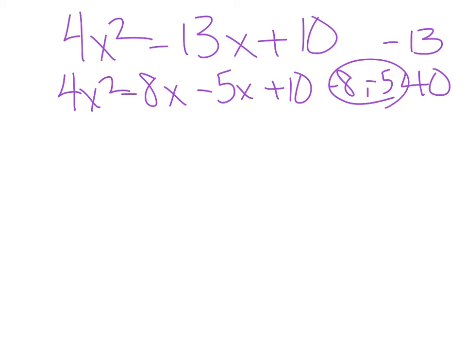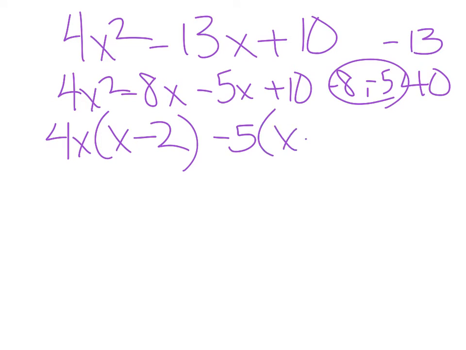Remember, again, just breaking this apart into negative 8x, negative 5x, because now these seem to look like they go together pretty well, right? All right, I think 4x, that's x minus 2. And if I take out, and I'm aiming for that x minus 2 again, take out a negative 5, I'm going to get x minus 2.